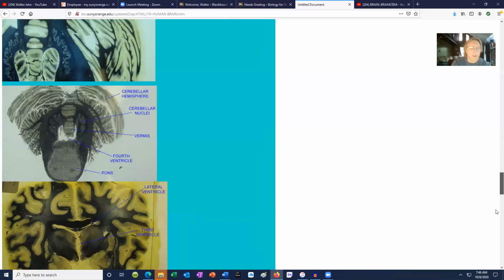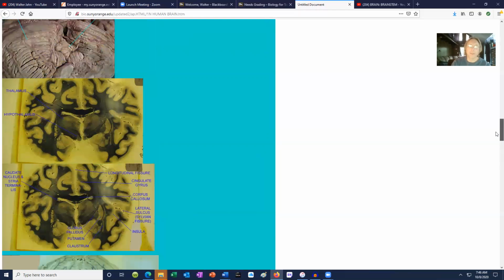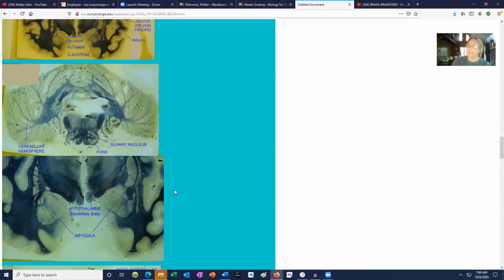Now, we could actually use a variety of different stains. In some stains, using silver, we could make the white matter look black. Sorry, this takes a second to wrap your mind around. You can see the white matter has been stained black.